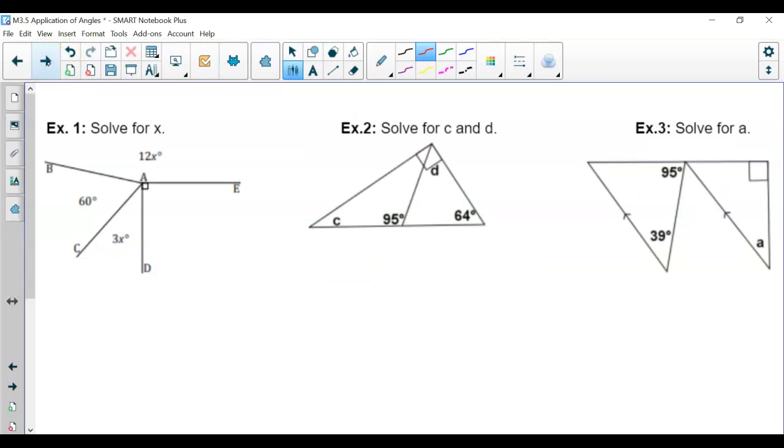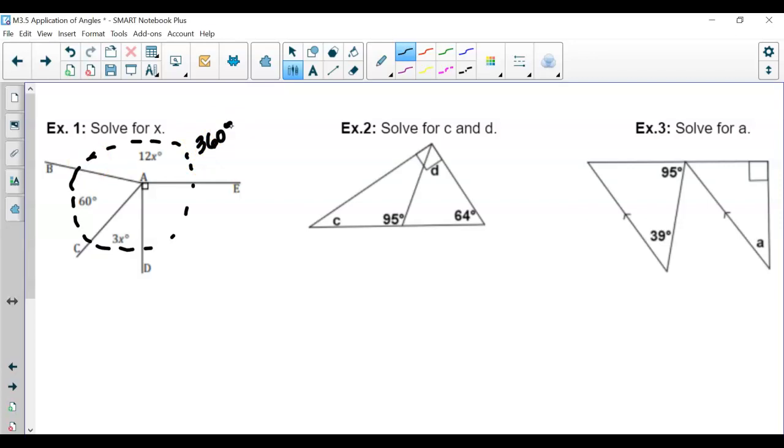So now getting a little bit more into other angles here. We focus so much on straight lines, but notice how here we definitely don't have a straight line. So if we're looking for x, we have a full circle here that we're working with, which is how many degrees? 360 degrees. So how are we going to solve for x here?